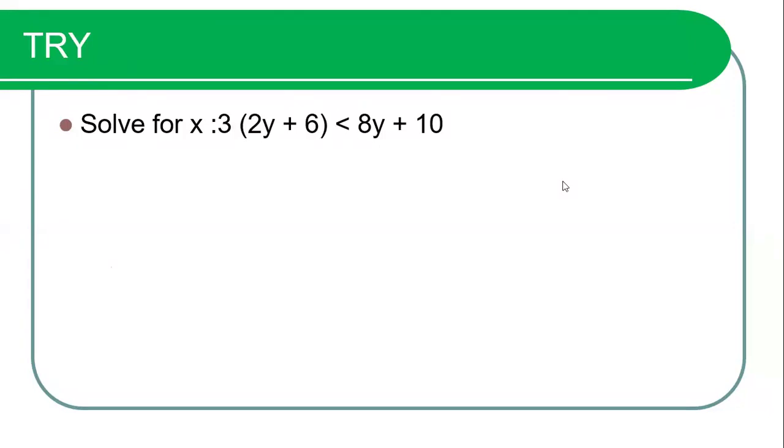Yes, Spencer? My answer is y is greater than 4. Y is greater than 4. Okay, thank you. Karen, hope we are getting the same answer.